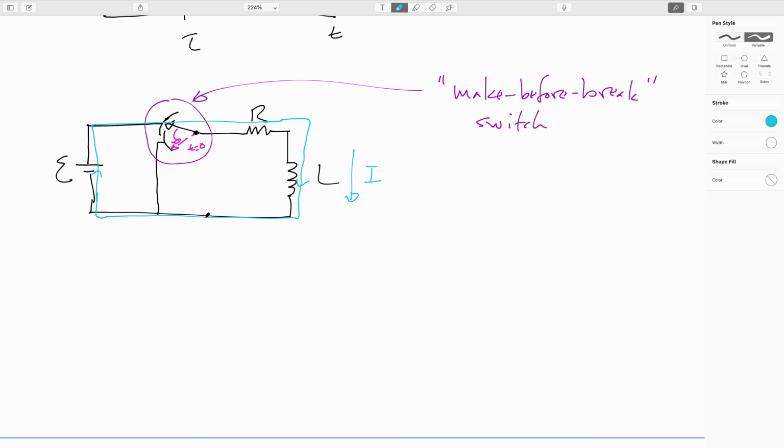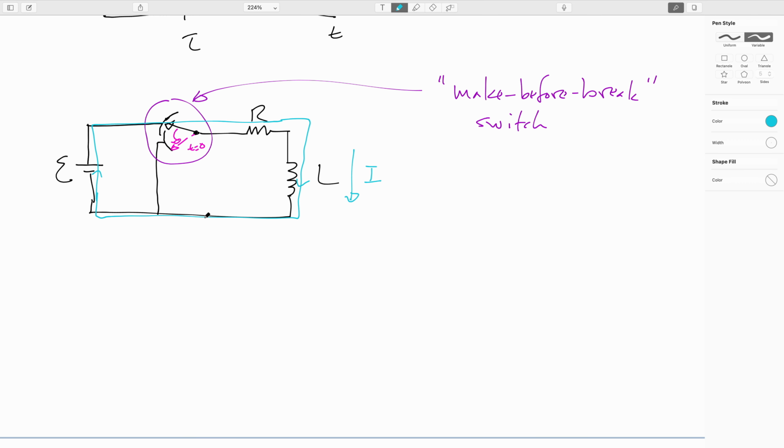Now, sometimes it is the unfortunate case that if you use a break before make switch, part of the way that circuit will get connected through, if you have completely broken both connections, is that the spark will jump through the person who threw the switch.